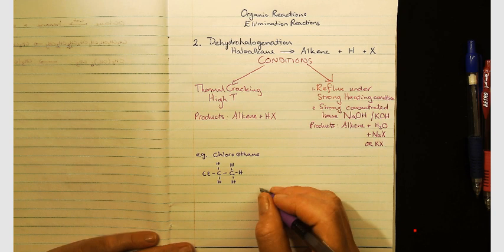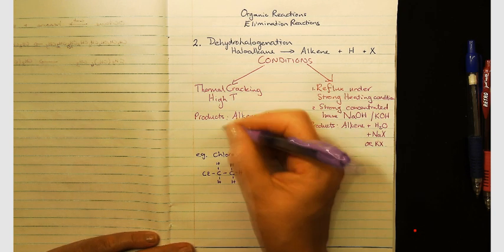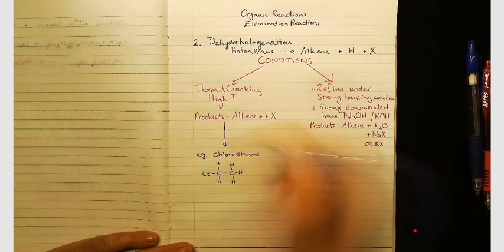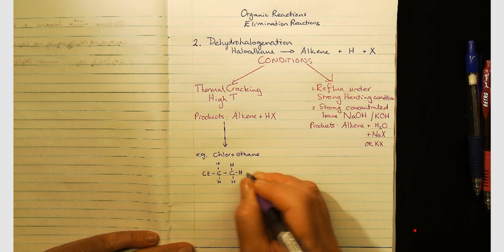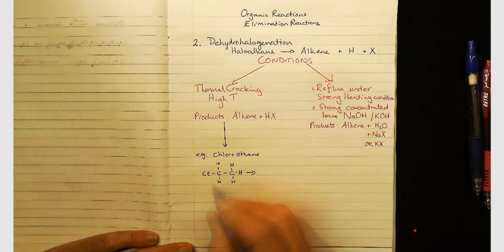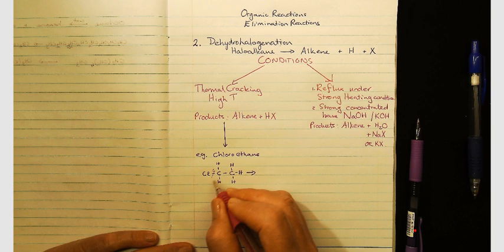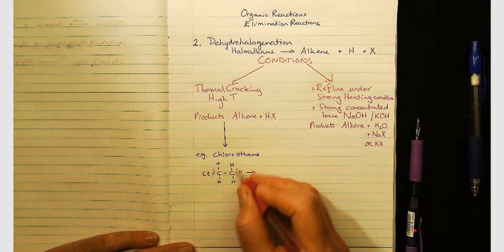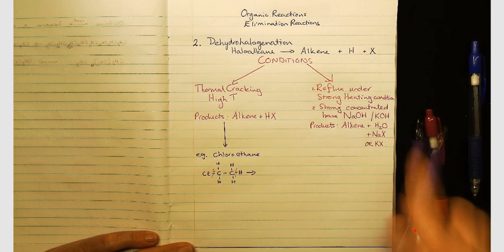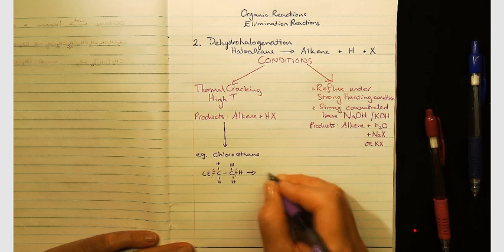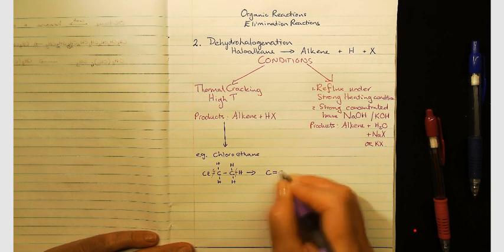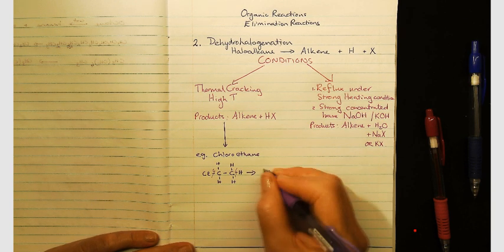Under thermal cracking, the chlorine will break off, and one of the hydrogens will break off from the second carbon to form a double bond between the 2 carbon atoms.